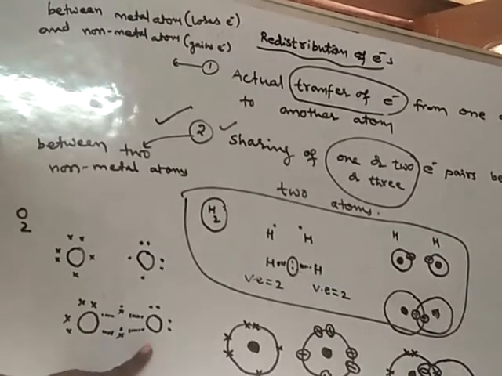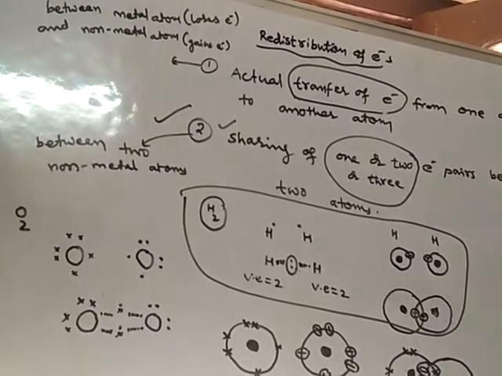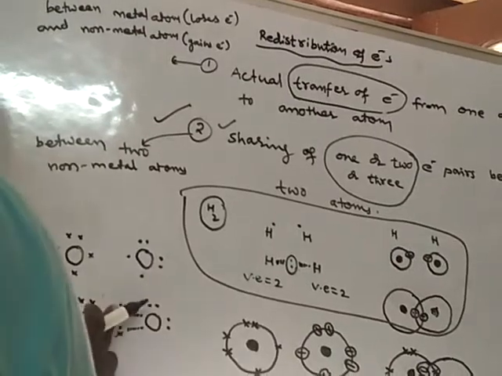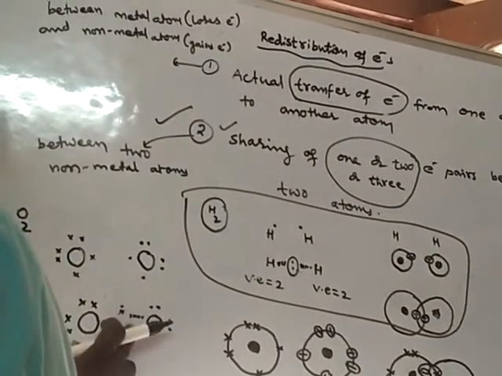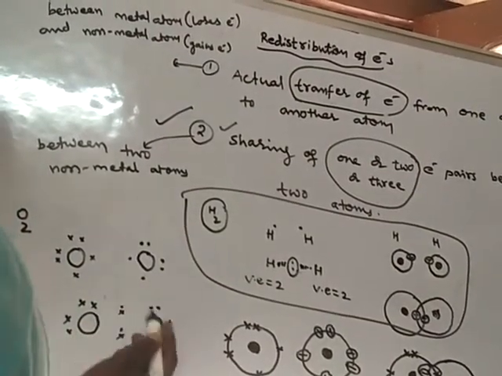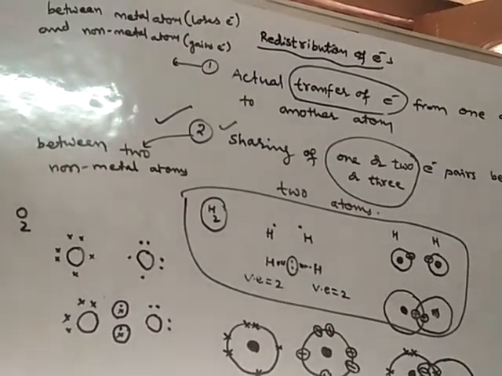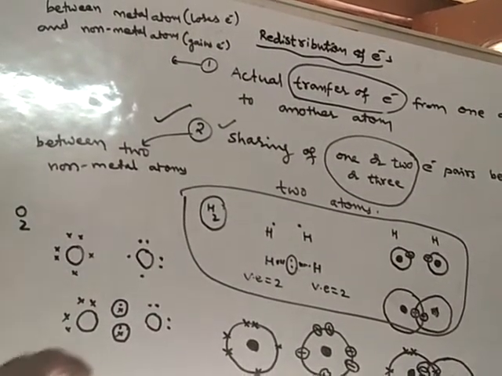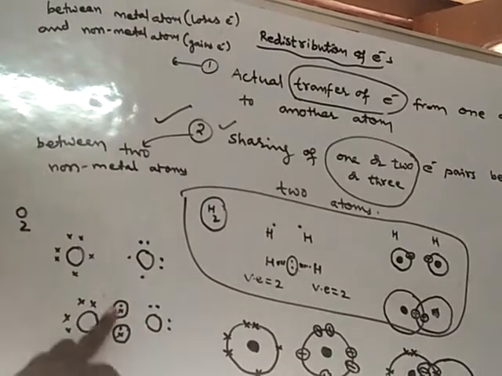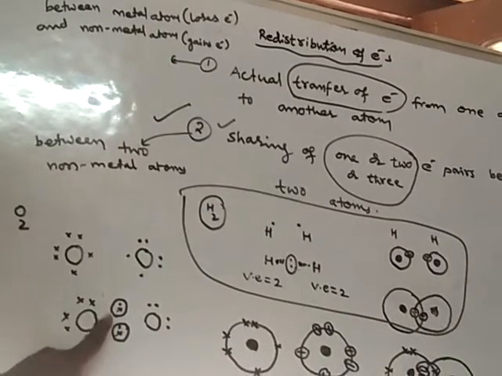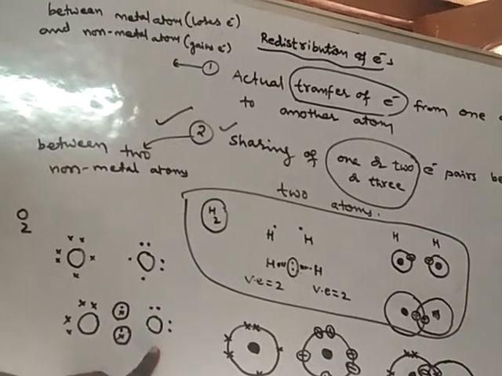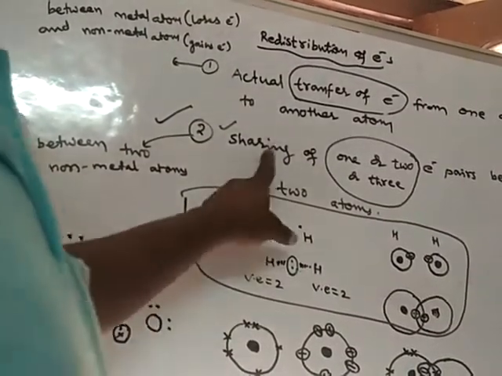So in this process what is happening? This pair of electrons and even this pair of electrons are shared by both the atoms. So here two oxygen atoms are sharing two pairs of electrons between them.